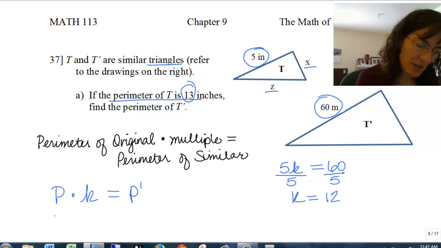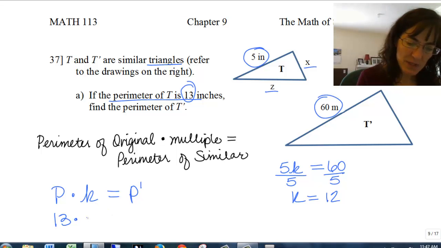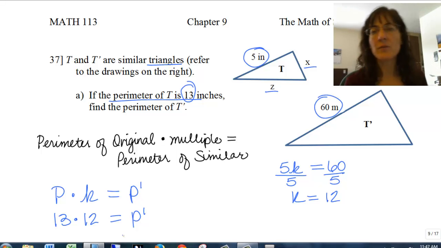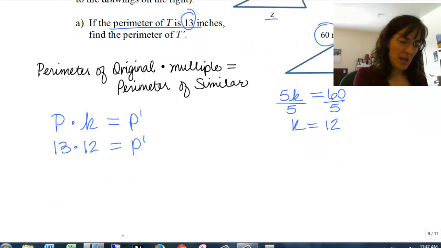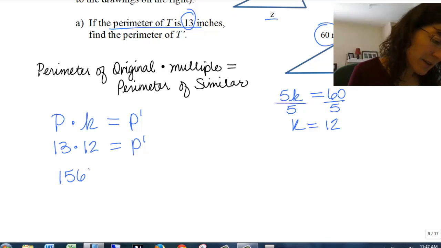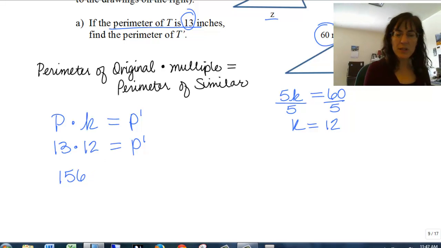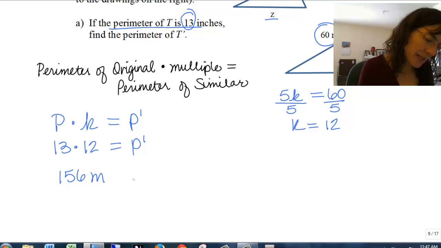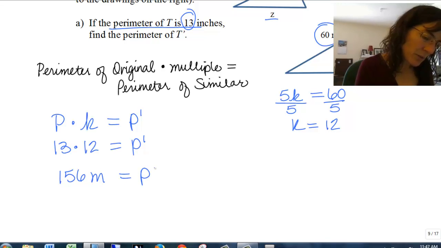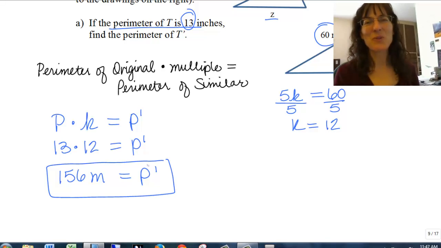P is 13, the perimeter of the original T, times K, which we got as 12, should give us the perimeter of T prime. And 13 times 12 is 156. The units on T prime are meters, so 156 meters equals P prime. That's a lot quicker.